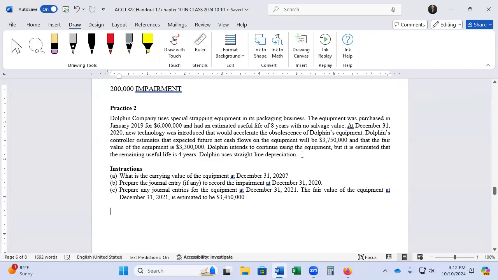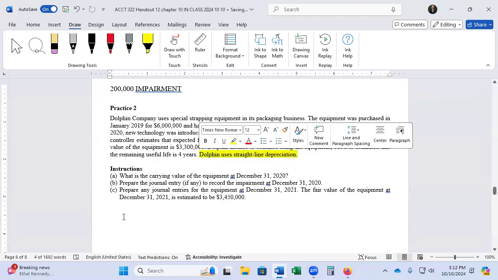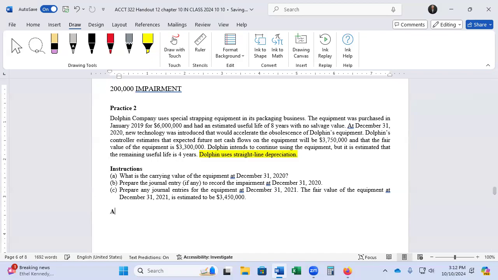Okay, so it says Dolphin uses straight line depreciation. So that tells us for A, we can take the 6 million cost and divide it by 8 years. No salvage value. And so that should be 750,000 per year times 2 years.